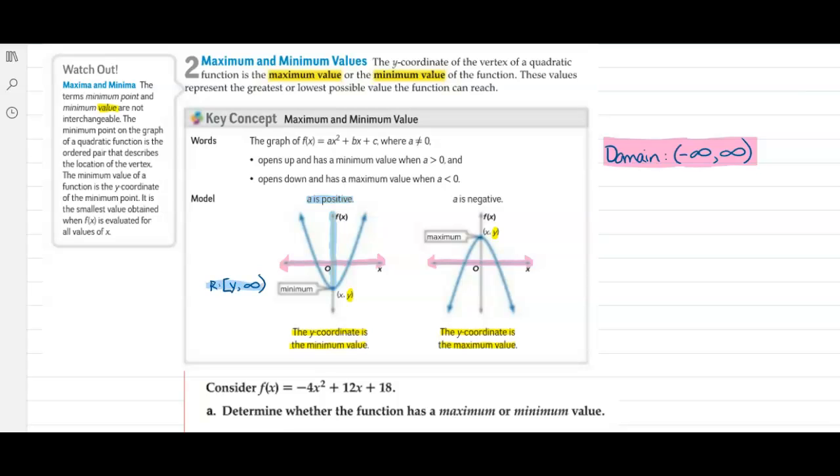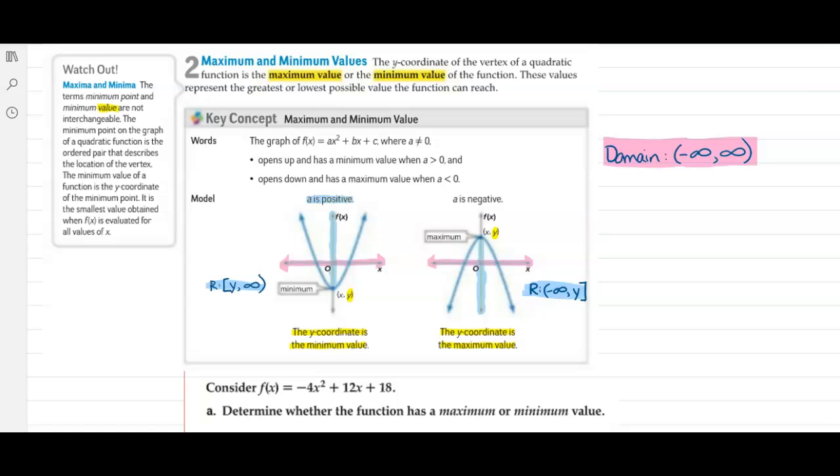When the graph opens down, however, it starts at negative infinity and goes up to that point. So that's going to look a little different. So the range is going to be from negative infinity up to that value.